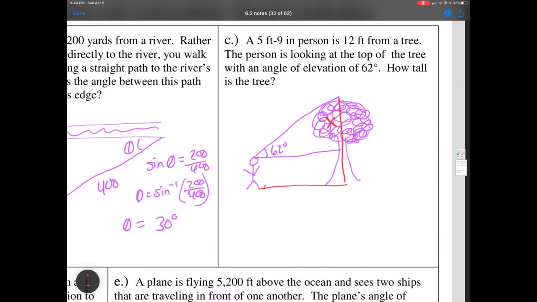Well, we know this is 5'9", which is actually 69 inches. So we just need to find the remaining height of the tree. And we're 12 feet from the tree, so 12 feet would be 144 inches. So we have the opposite and the adjacent, so tangent of 62 equals x over 144, multiplied by 144.